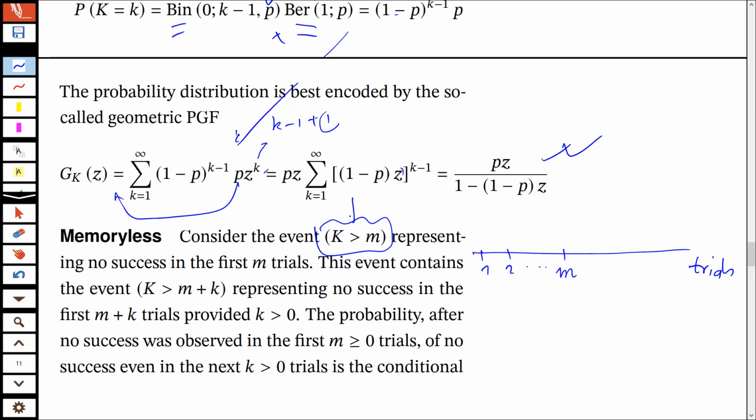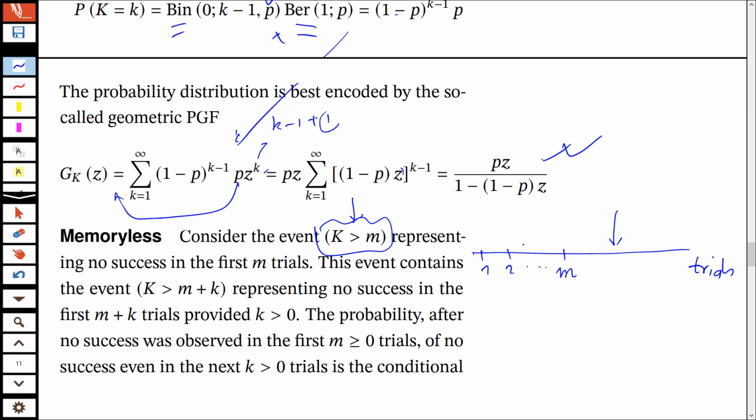Now, why greater than m? Because k by definition is the number of trials to get that first success. Because I here imagine a scenario where I have not observed that success, k is not just the number of trials, it is the number of trials for the first success. So which means that I have to wait beyond m.